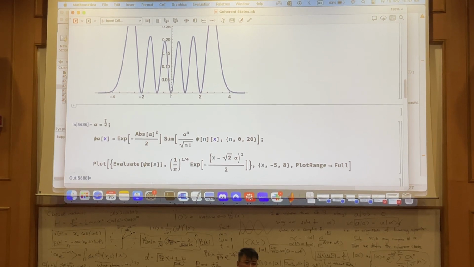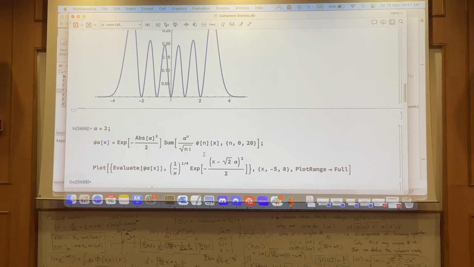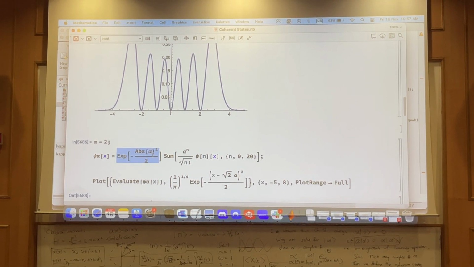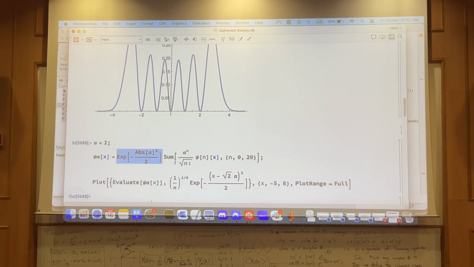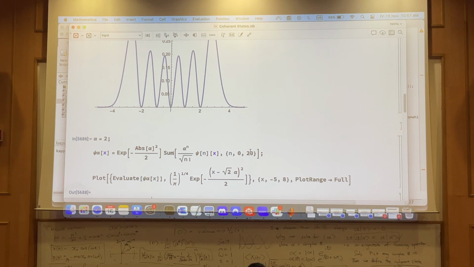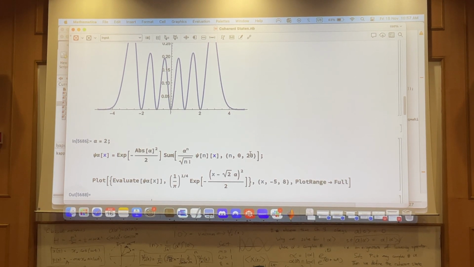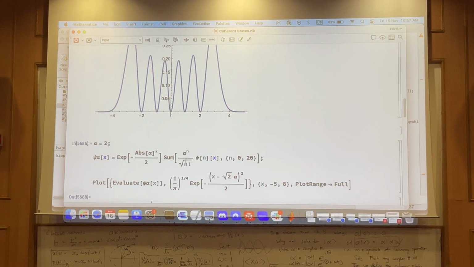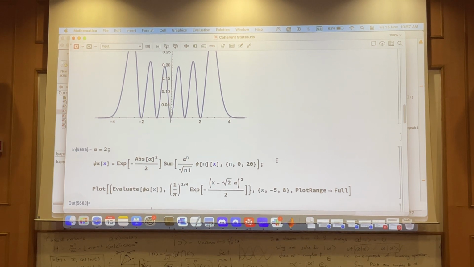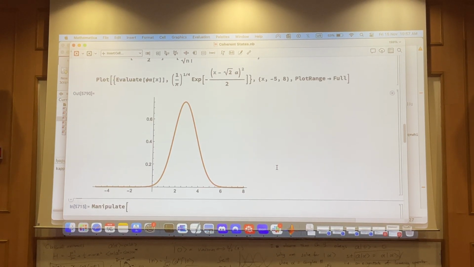I could have picked it complex if I wanted to. If you know computing, you read this as: ignore this first part, that's just the normalization. So I sum from 0 to 20. In principle, I should sum from 0 to infinity, but I might as well just sum a few of them to see what it looks like. Alpha to the power of n over square root n factorial, and then I define this function psi alpha. Evaluate, and I plot it. This is what it looks like.